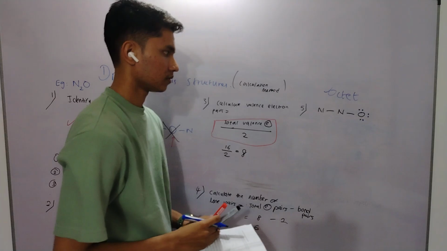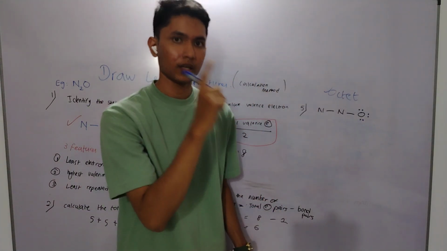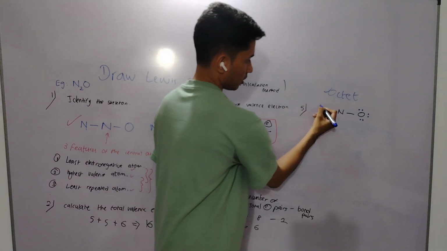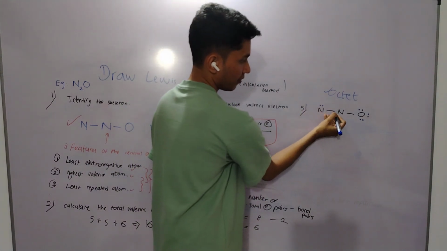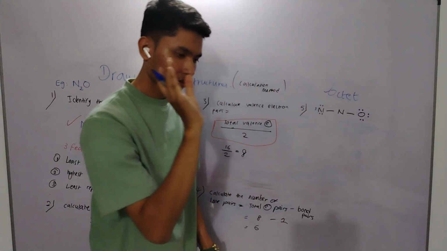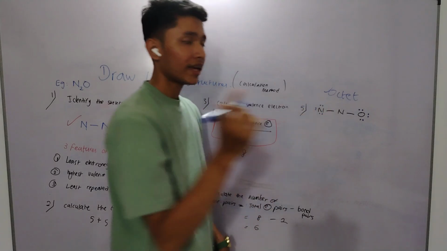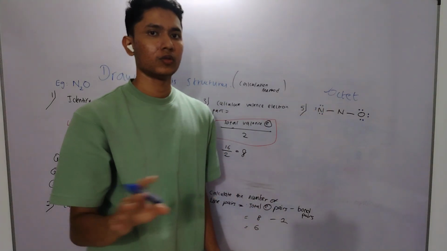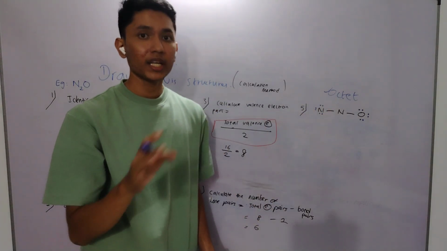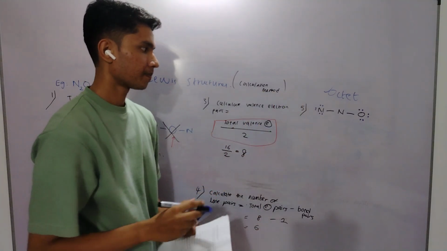Then nitrogen. Out of 6 lone pairs, 3 are done, and I have 3 remaining. Again, 1, 2, 3, 4, 5, 6, 7, 8. Complete. Do I have any lone pairs remaining? No. This is the fifth step.